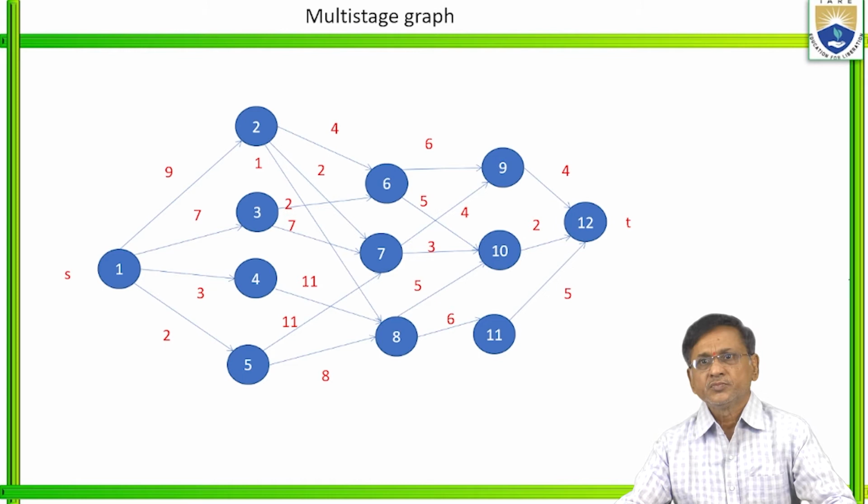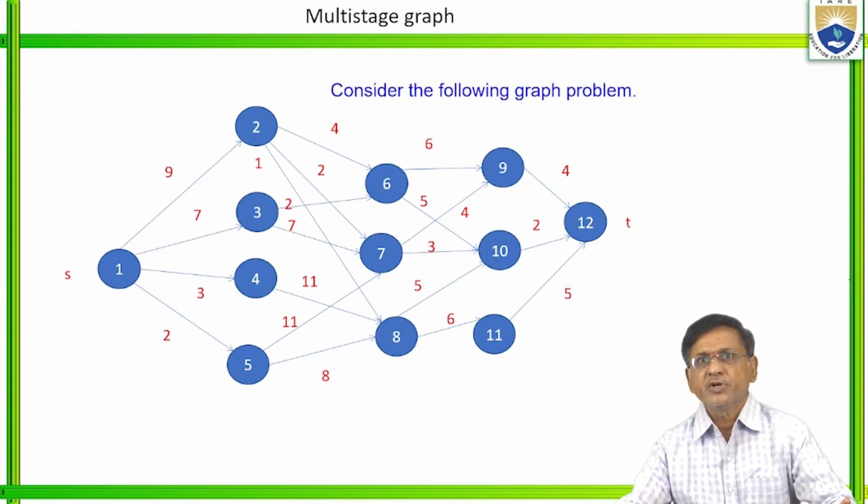So here source is 1 and sink is 12. So 1 to 2, 1 to 3, 1 to 4, 1 to 5. These are the paths from the source, corresponding to stage 1 to stage 2. And then the total problem is divided into a number of stages.